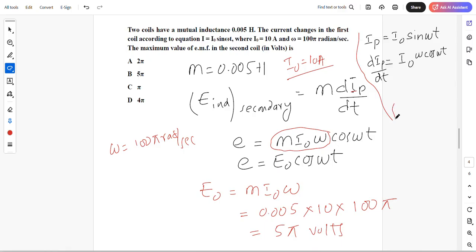Like for example, E is equal to E naught sin omega t, this is the maximum value of the EMF induced. M I naught into omega, like that you can remember.